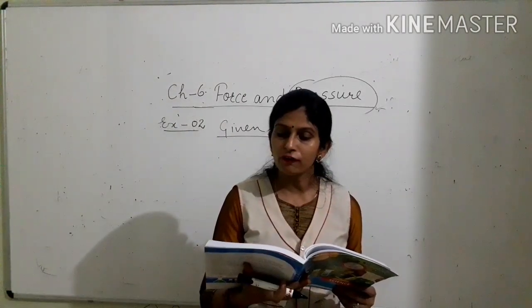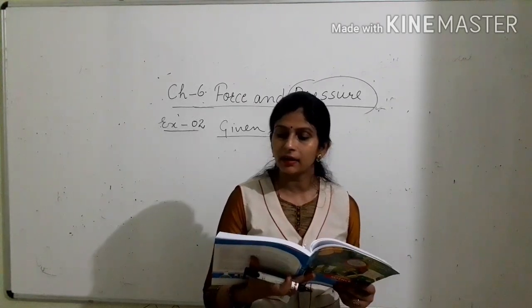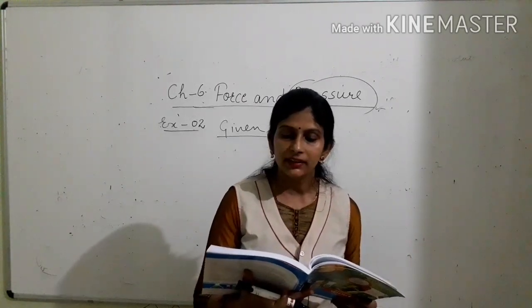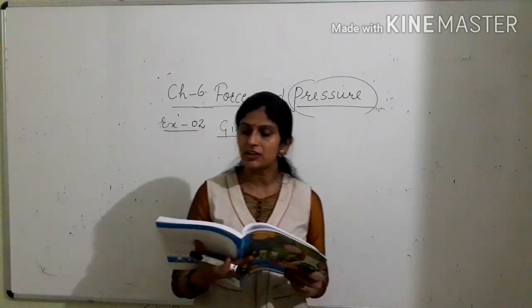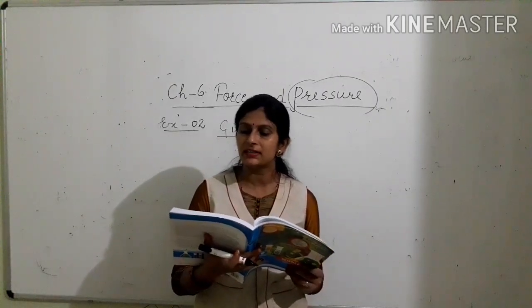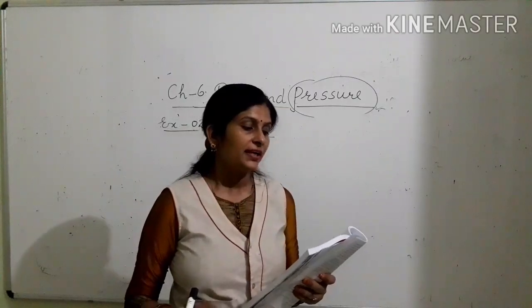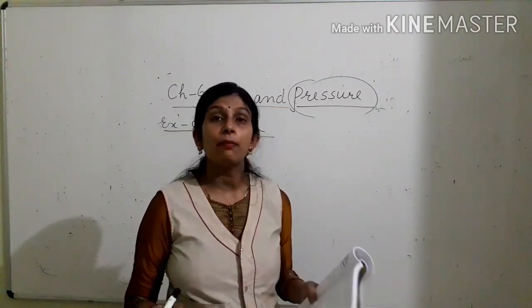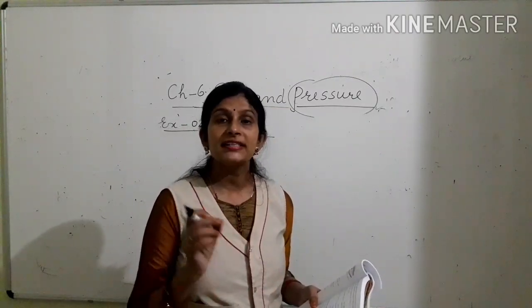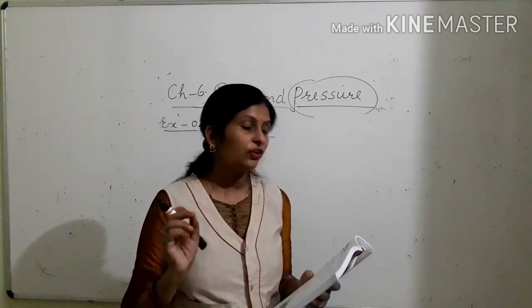Now moving to example 2. Calculate the area of contact between a box and the ground if the box weighs 300 Newton and exerts a pressure of 7500 Pascal on the ground. See, in this question, it is said that there is a box which has a weight of 300 Newton.